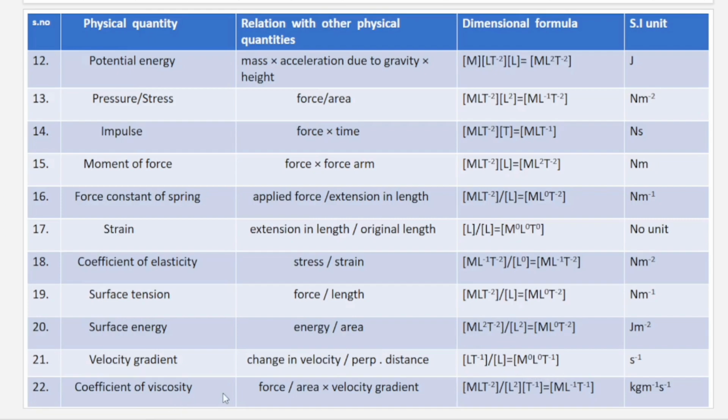Coefficient of viscosity is force by area into velocity gradient. Force is MLT⁻² by area is L² into velocity gradient, which is T⁻¹. We get [M L⁻¹ T⁻¹].